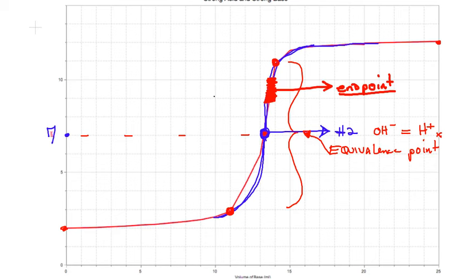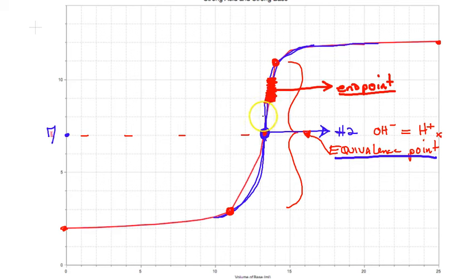If you weren't using a pH probe, like you did last year or in some previous titrations, the slight color change would tell you to stop, and it'd be an estimate of the actual equivalence point. The equivalence point will always be the halfway point of this asymptotic change. So the endpoint is an estimate.